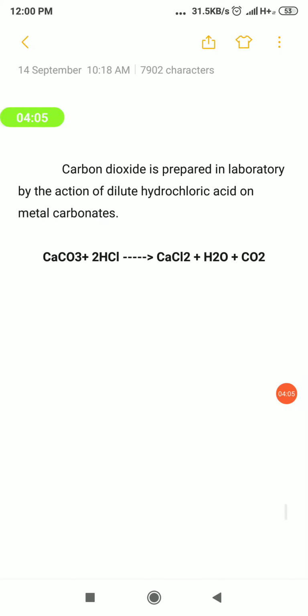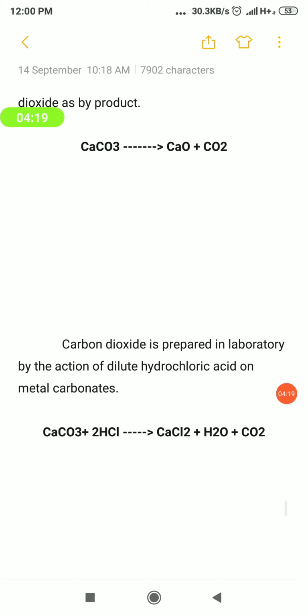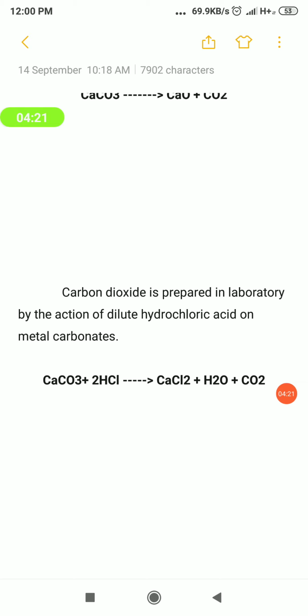So how many preparations have we seen? 3 preparations. First one, carbon monoxide with oxygen. Second one, when a carbonate salt is calcinated there will be liberation of carbon dioxide. And finally we saw that when a carbonate salt is treated with hydrochloric acid, there will be liberation of carbon dioxide gas.